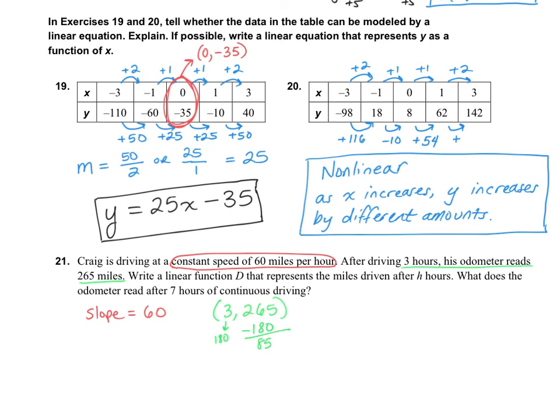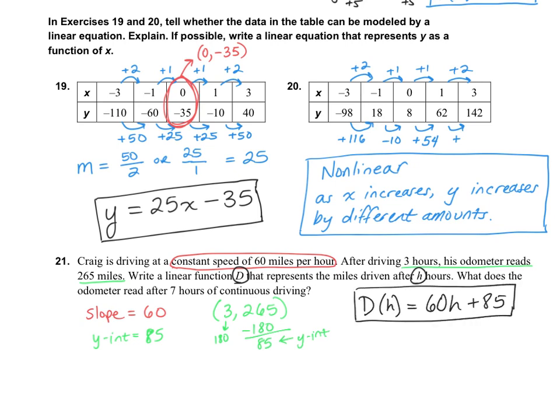So that means he started at 85. This is the y-intercept. So I know my slope and my y-intercept, 85. We need to write a linear function, so we want to write d of h. This is the distance after h hours: d of h equals 60h plus 85. So that's the first part of my answer.